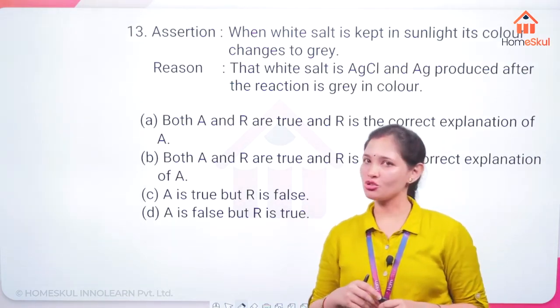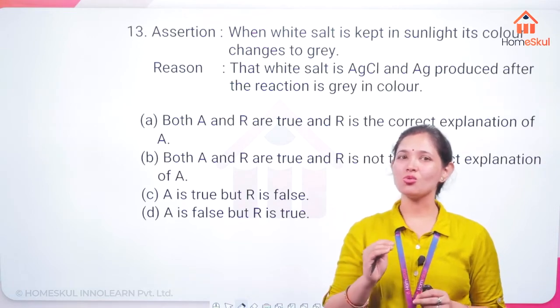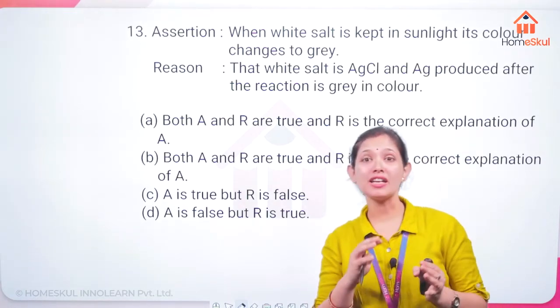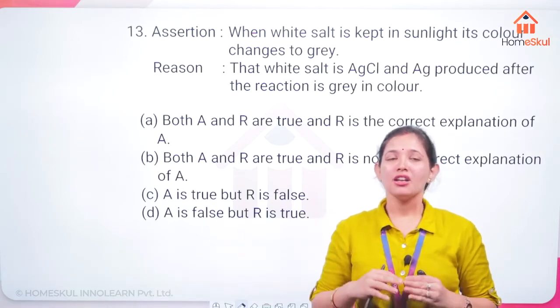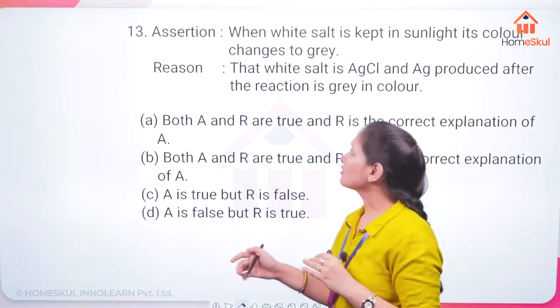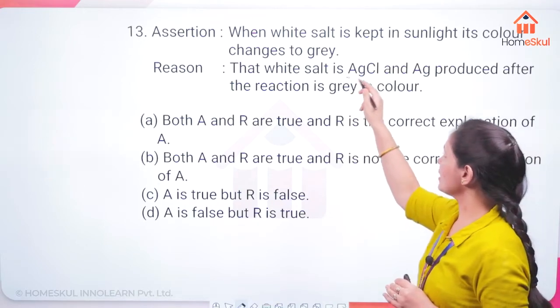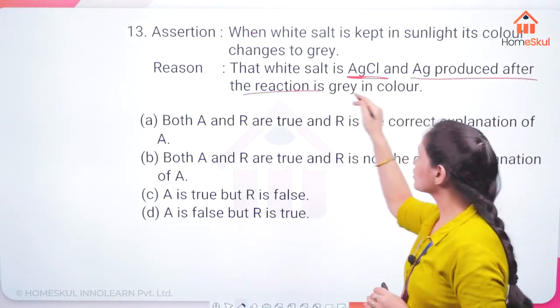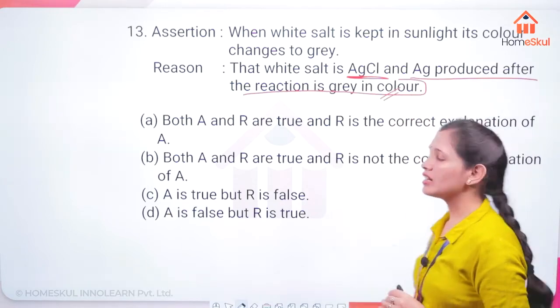Yeah, it's true. There is a white salt, and when you keep it in sunlight, its color changes from white to gray. Now the reason is given: the white salt is AgCl, and Ag produced after the reaction is gray in color.